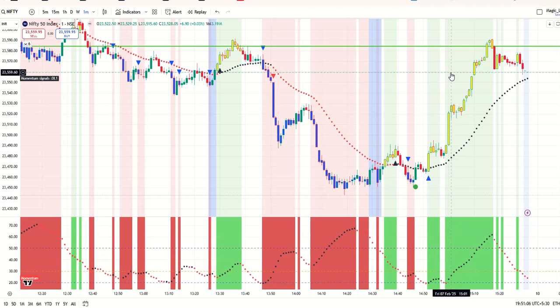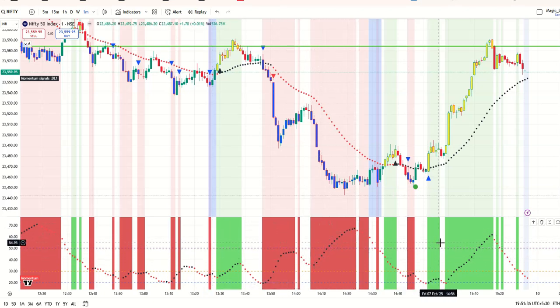Okay guys, hope this gives some idea about what this line is all about. It acts as a resistance or a support. On these indicators, on the CE side and the PE side, the yellow color is upside momentum, blue is bottom PE side momentum, and the bottom power bars should be black dots, increasing and rising.